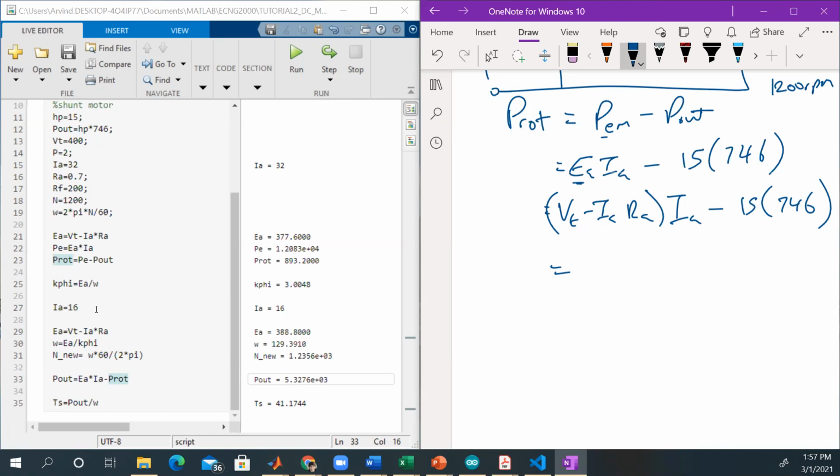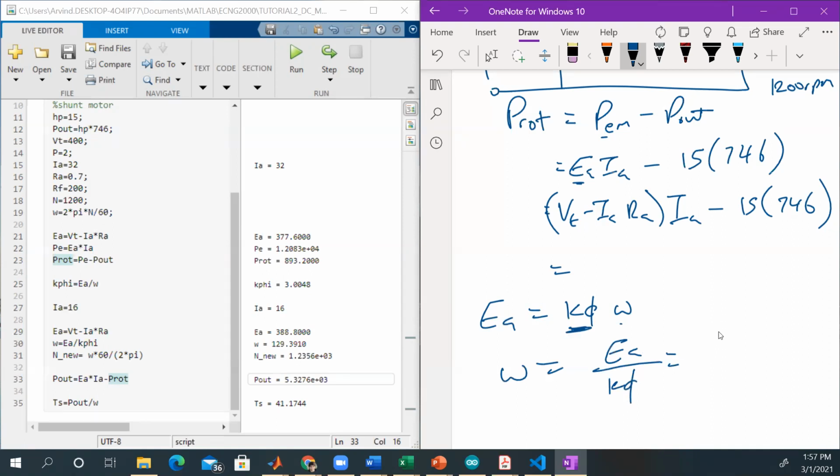So we want to figure out what is the new speed. Again, we know EA is equal to K phi by omega, right? We worked out what K phi was. We want to find omega. Omega is EA on K phi. We need to find EA.